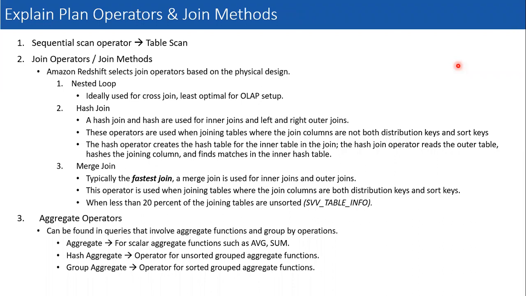Your department ID is not sorted, and then you are going to find hash aggregate. If you select job ID comma sum of salary from employees table group by job ID, and provided your job ID is sorted and stored, then it will fall under group aggregate. So these are the frequently found explain plan operators that we will find in our day-to-day activity.